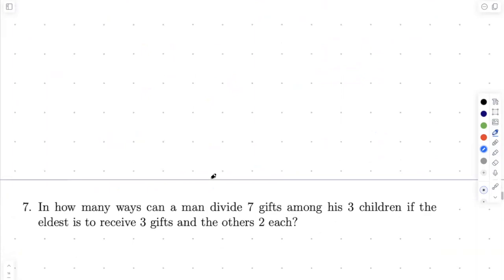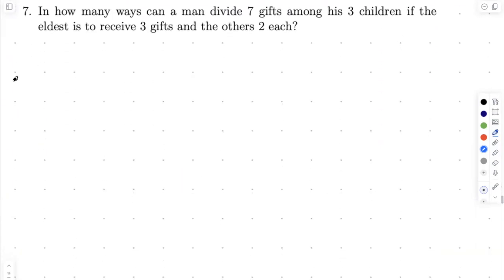We have four more questions. Let us try to answer the seventh question. In how many ways can a man divide 7 gifts among 3 children, if the eldest is to receive 3 gifts and the other two each receive two? So there is an elder who is going to get 3 gifts.